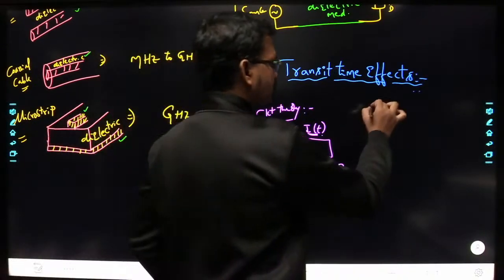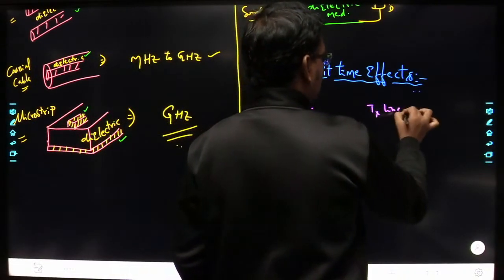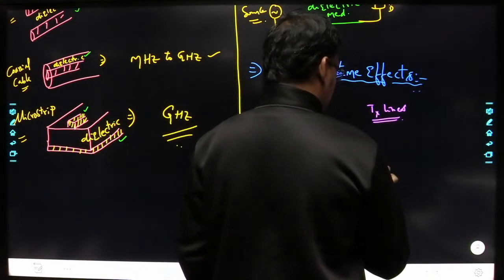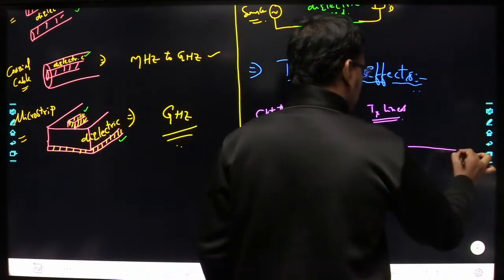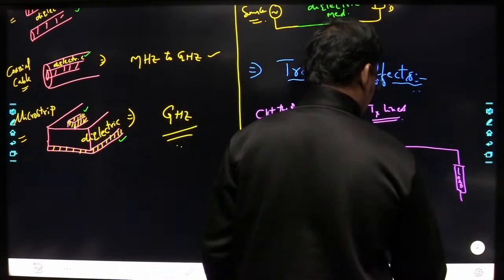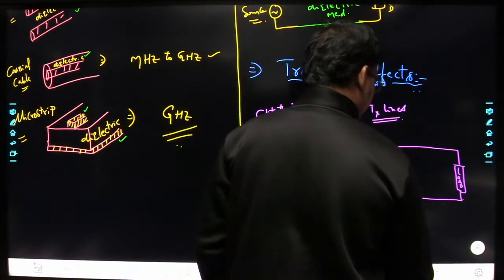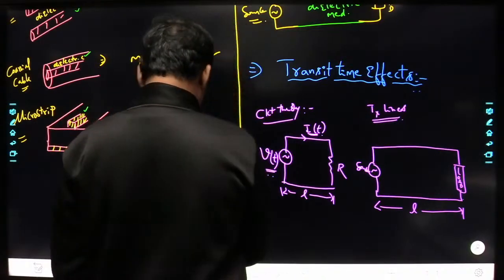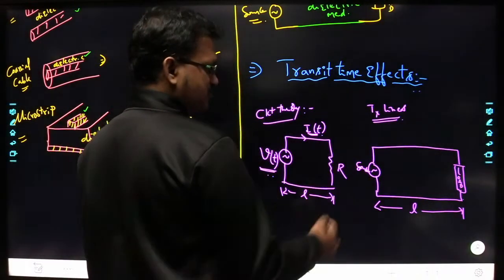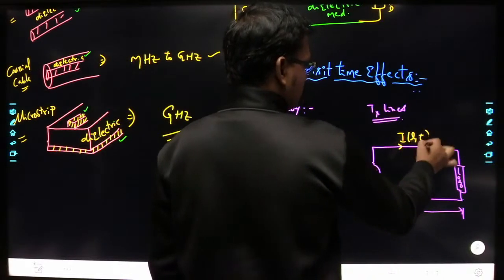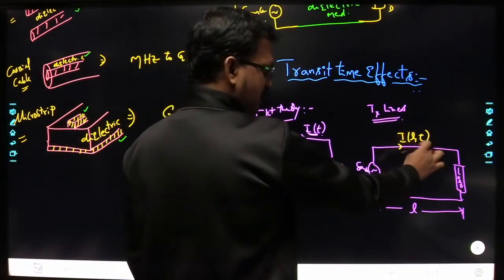When coming to transmission lines, you are going to have a source and here some load. Let us say the length of the transmission line is L. Whenever you are dealing with transmission lines, you will always consider the current as a function of length as well as time.